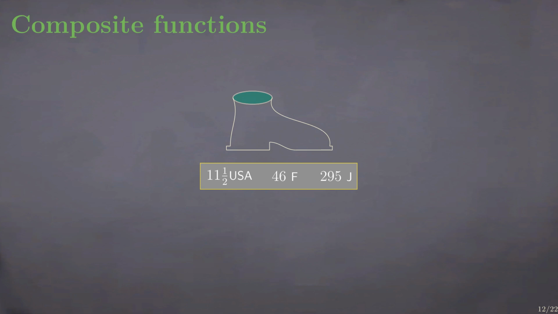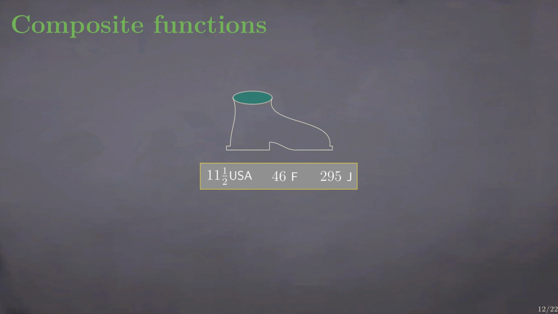Very often you find a lot of different sizes on a shoe. It depends on where the shoe is produced and where it is internationalized. So for this reason, there might be different standards for checking size. For example, you have the USA standard, the French standard, and the Japanese standard for determining size.